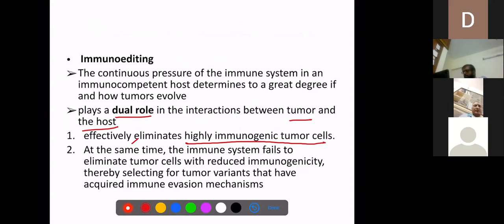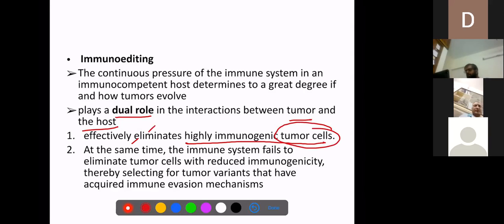When there is an abnormal tumor cell, that tumor cell should be immunogenic. When it is immunogenic, the cells induce the immune cells to come to the site so that they can do their action by effectively eliminating the tumor cells.